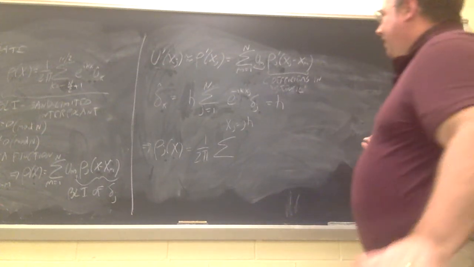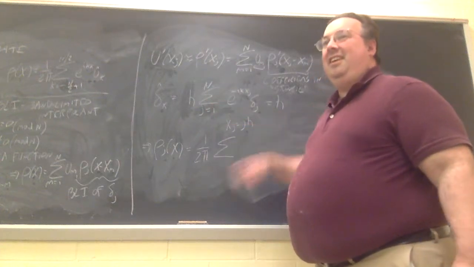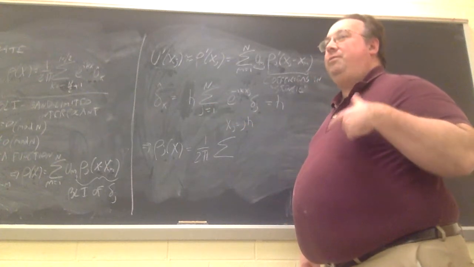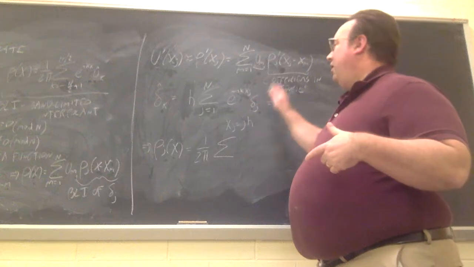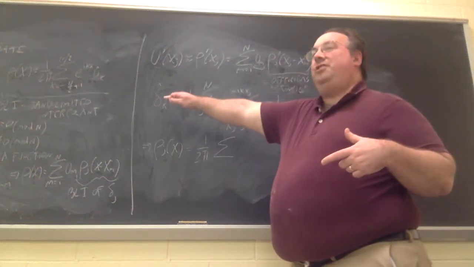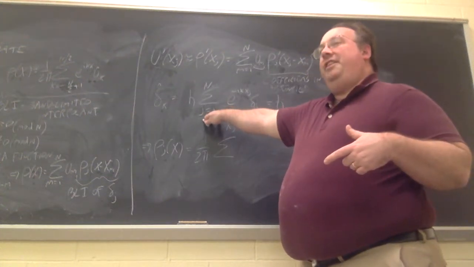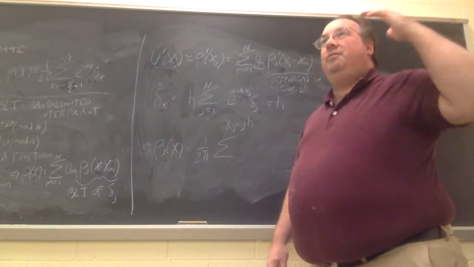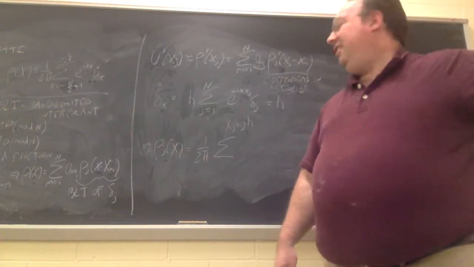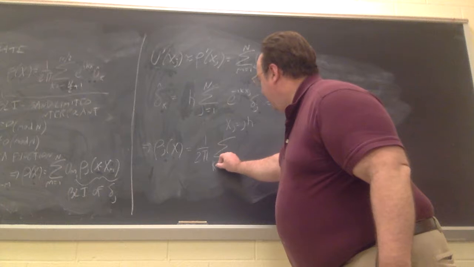Wait, what did you change? Just the bounds on the summation? Yes. So when we're going from function of x to Fourier series coefficients, it's got to be a sum over j. Going the other way around, Fourier series coefficients to function of x, it's these coefficients.